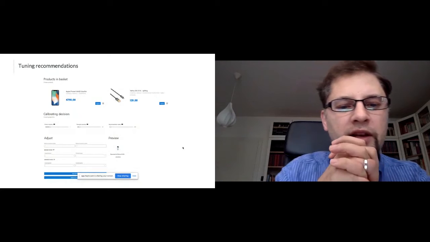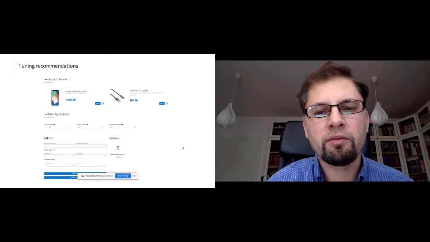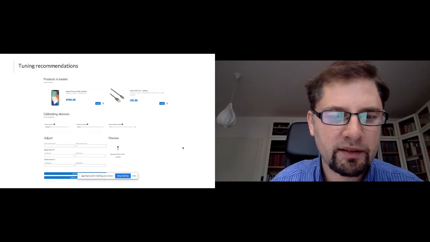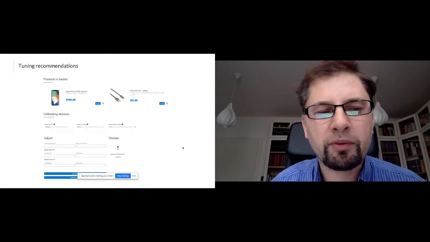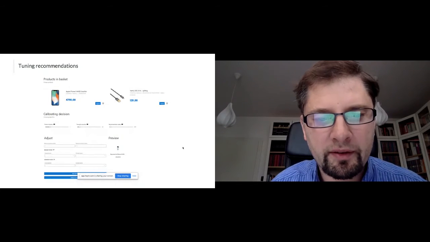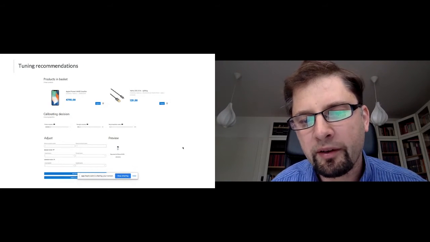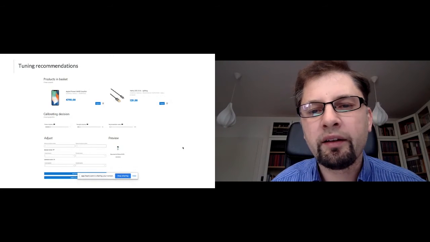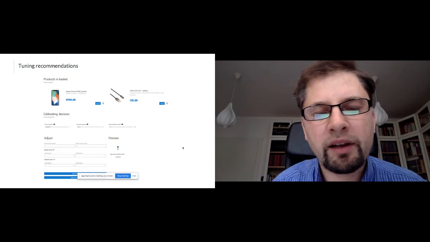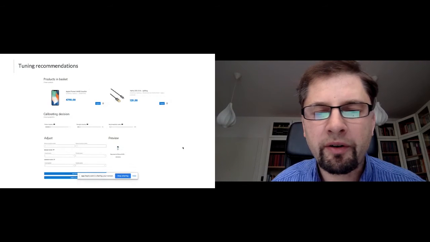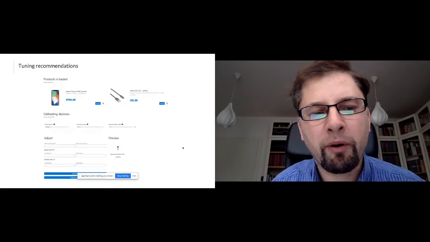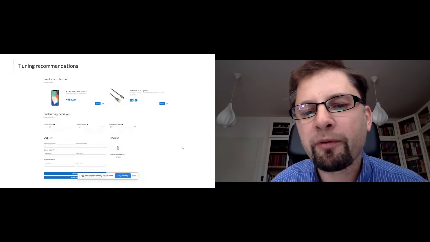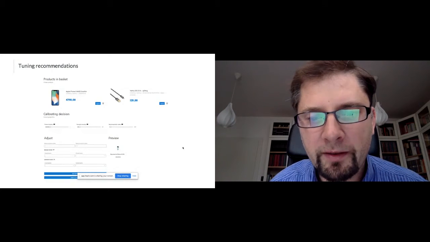Recommendation is not only about providing some information to a user, but also tuning it. So it's not only about providing similar products or popular products or products which have similar images or which were bought by similar users, but it's also about providing different products.